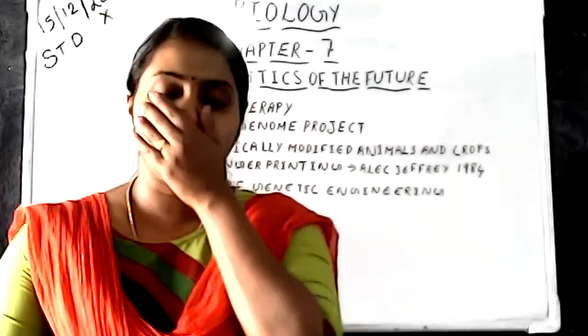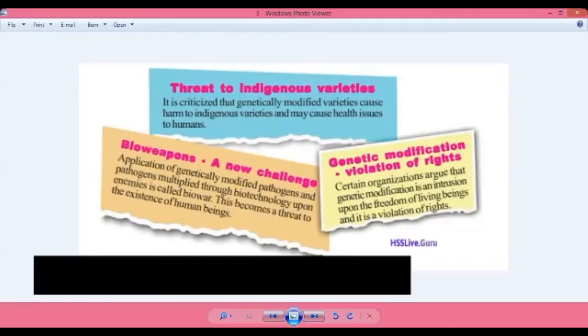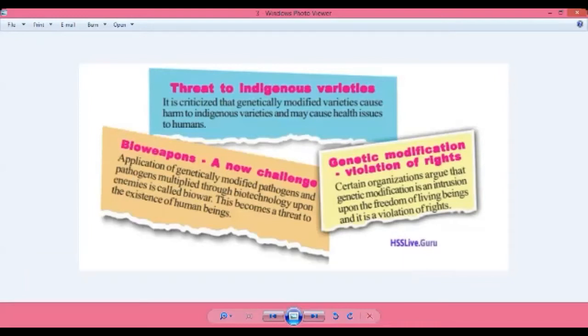So here you can see some of the points. Threat to indigenous varieties. Indigenous varieties means native varieties. Some people are criticizing that genetically modified varieties cause harm to indigenous varieties and may cause health issues to humans.